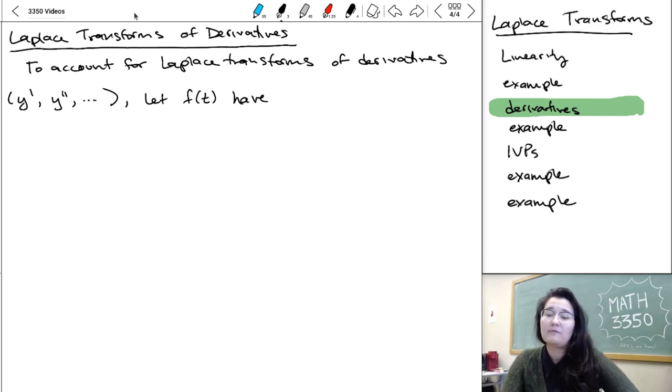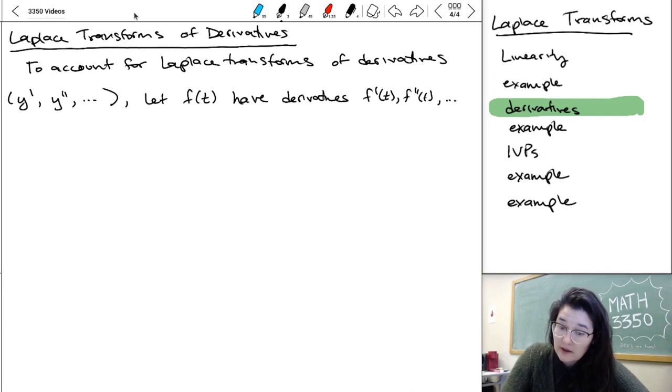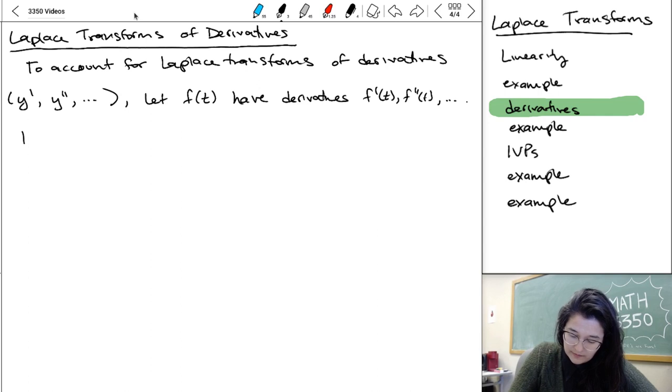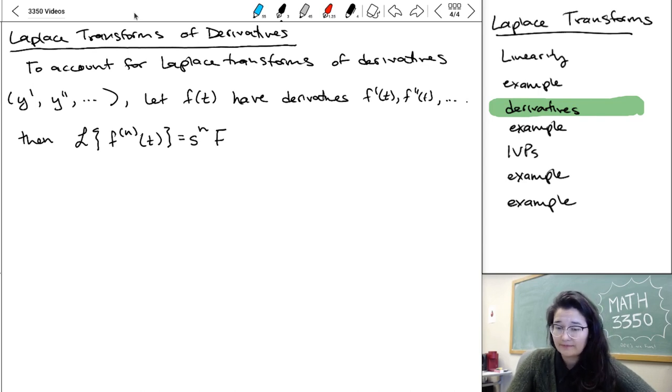So suppose there's some function f that has derivatives, f prime of t, f double prime of t, so on and so forth. Then, if I want to take Laplace of any of those derivatives, I'm going to write the formula for the nth derivative. I'm going to start with s to the power n, multiplied by the Laplace of f.